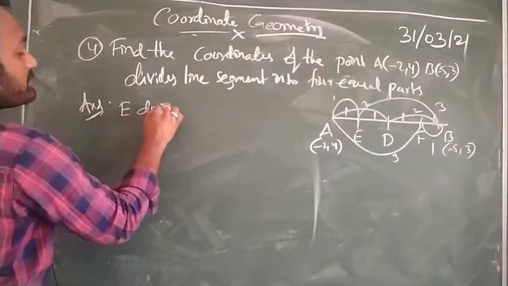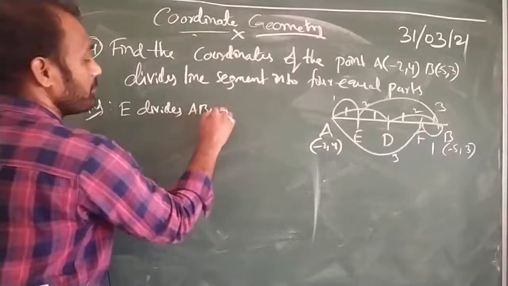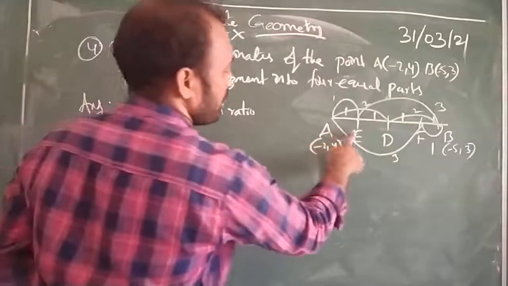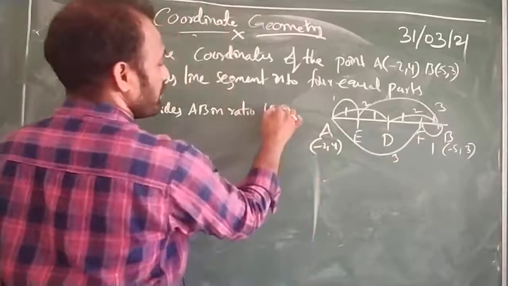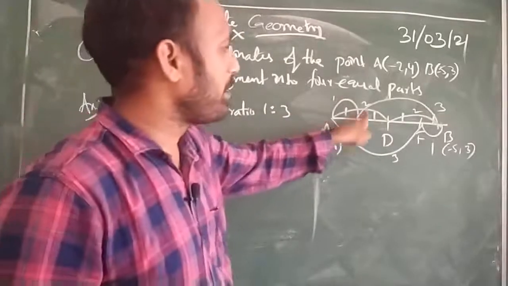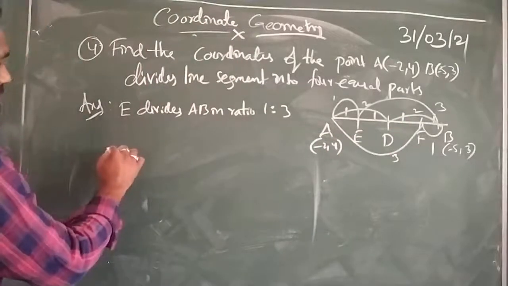E divides AB in the ratio, what ratio is it going to divide? E divides AB in the ratio 1:3. Observe here, A to E is 1 part and E to B is 3 parts. So it divides in the ratio 1:3.